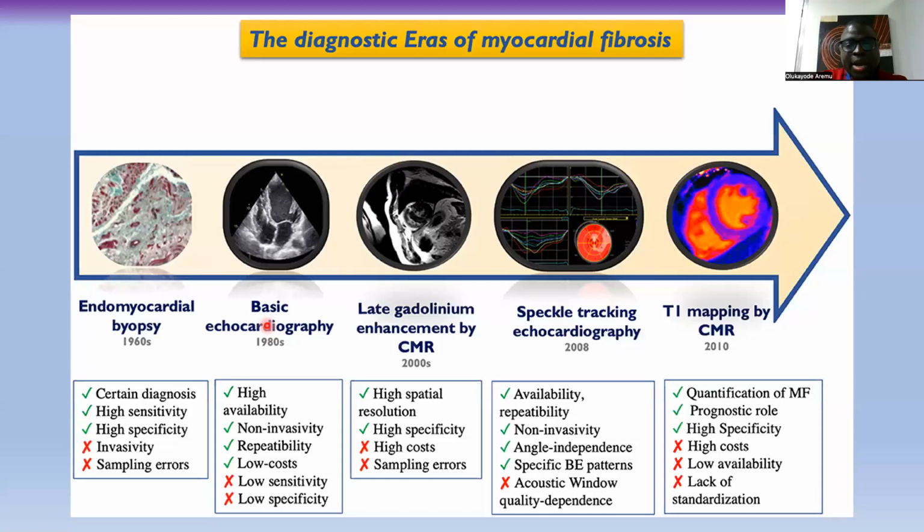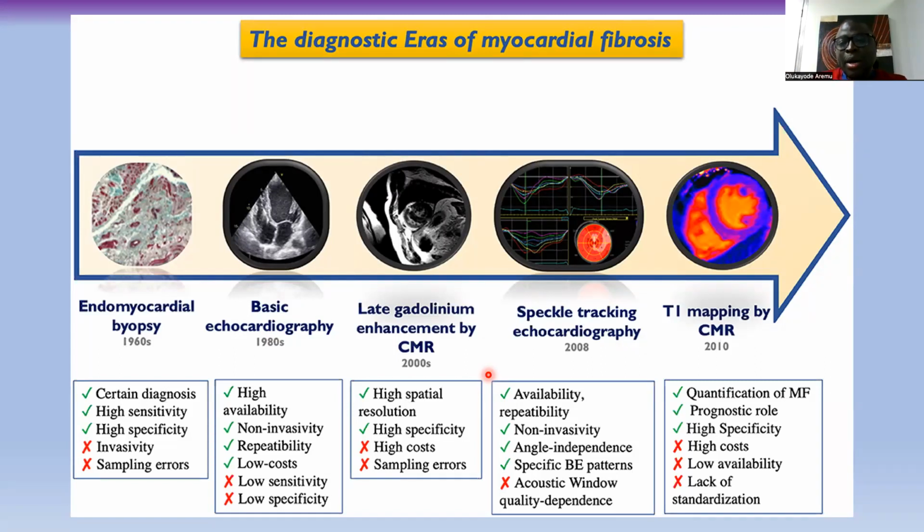The acoustic window is the ambiguity when you are using echocardiography. Then the clinicians will recommend CMR because CMR comes with a very good acoustic window. It can quantify myocardial fibrosis very well, and it has a very good prognostic role. It is also highly specific, just like we have been showing in some cases that I have explained before.